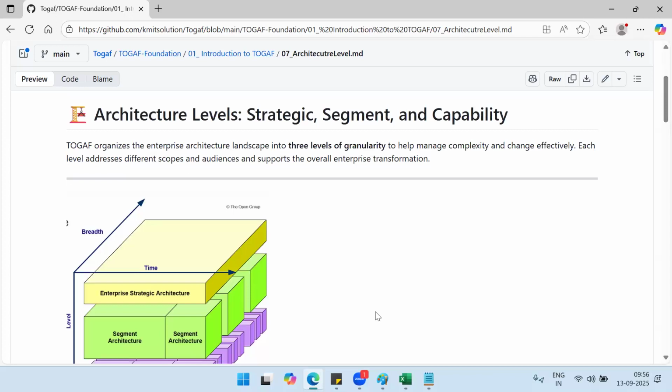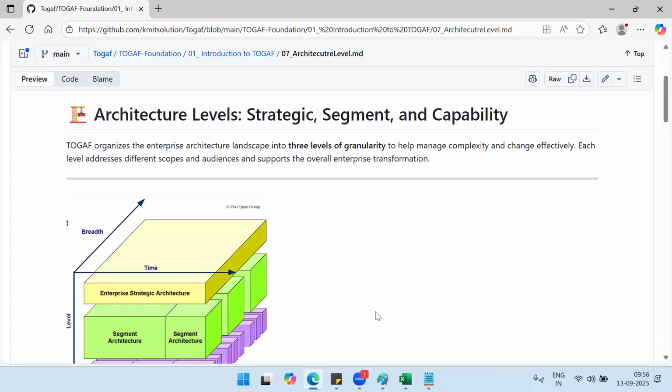So the main is the strategic goal, and now we are moving inside the domain. It's a domain in the sense of the segments of that. Example: developing an architecture roadmap for the retail banking segment to implement mobile check deposit and digital loan approval.